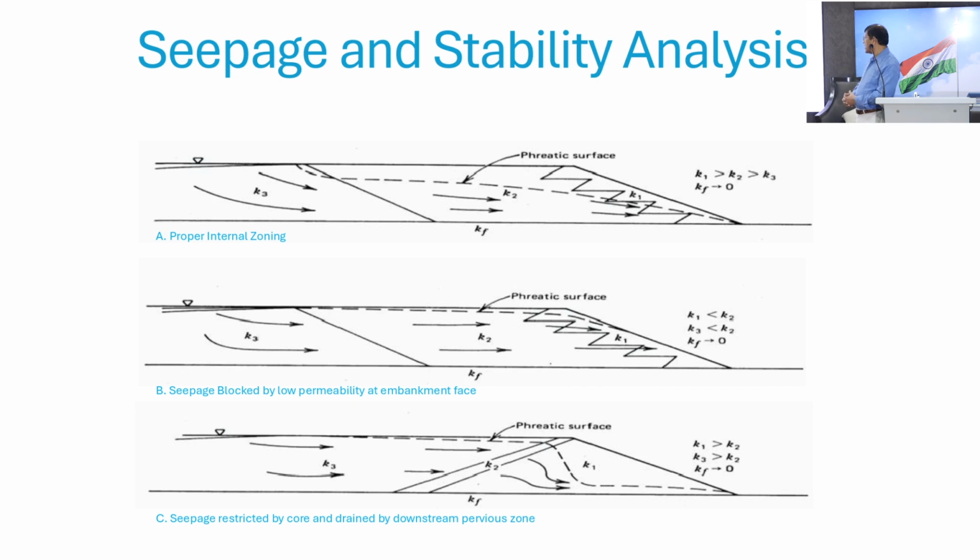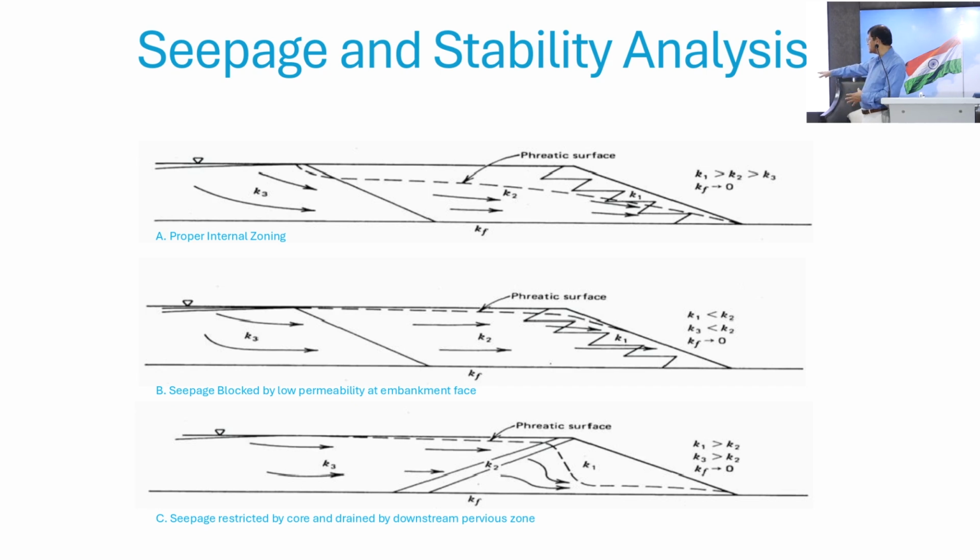Then the third case, where we also have a core, and mostly along the downstream face we will see that our K1 is also higher than K2 because there is a zone there, and K1 is mostly the rockfill, a high permeability material we use.